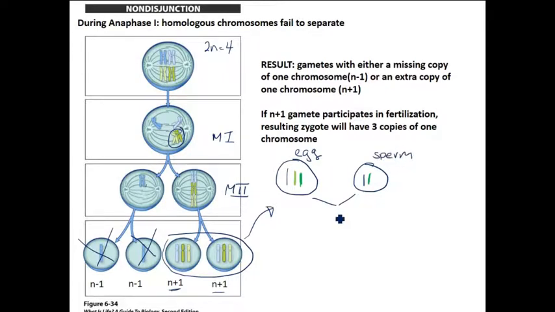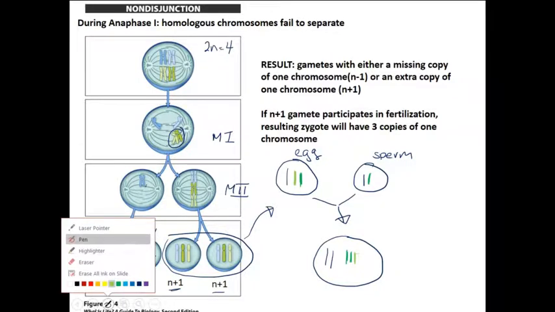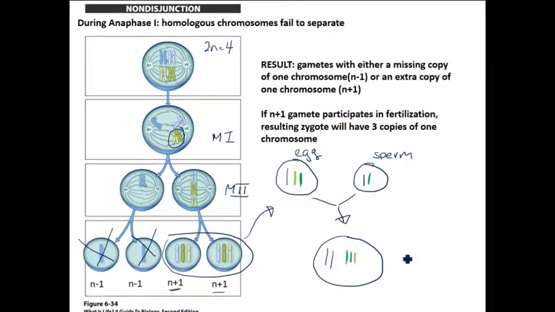If fertilization happens and then ends up with a zygote, we're going to end up like normal with 2 blue ones, so that's right. But we will end up with 1, 2, 3 copies of the green one, and that right there is a trisomy. Okay, so that's bad news, right? Then you have 3 copies of that.